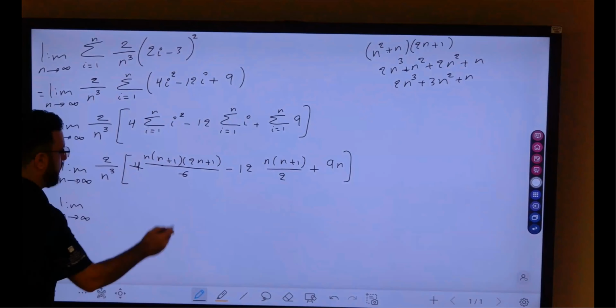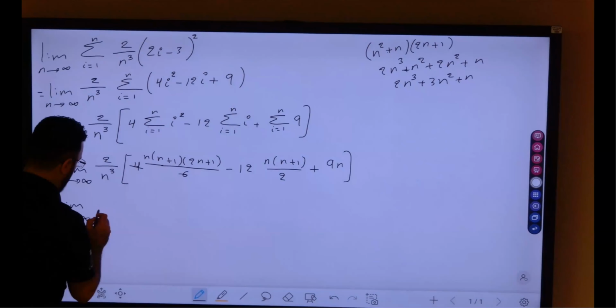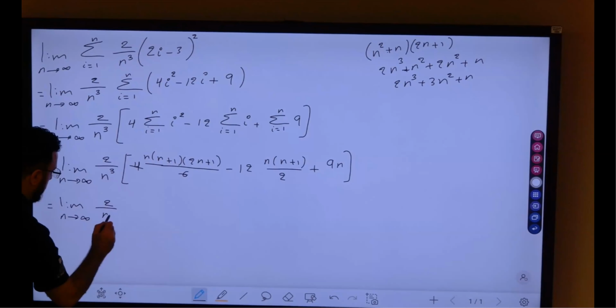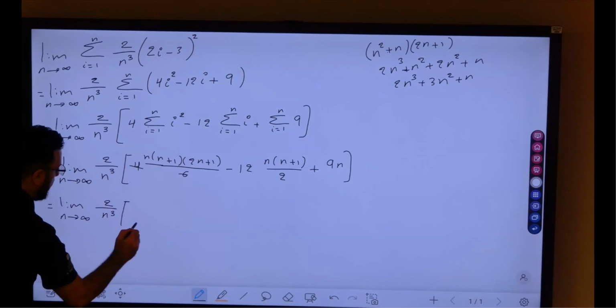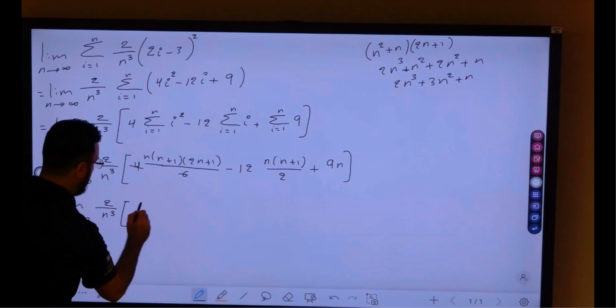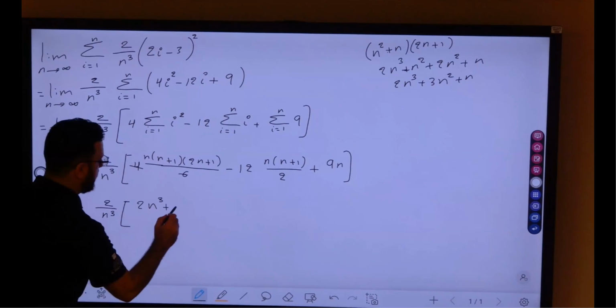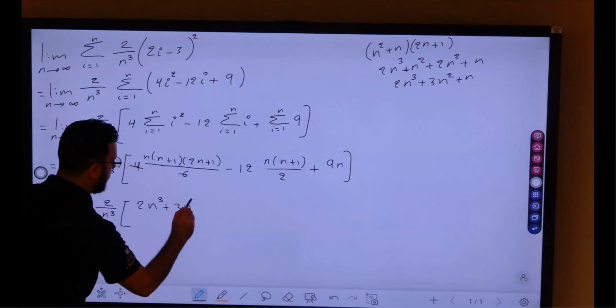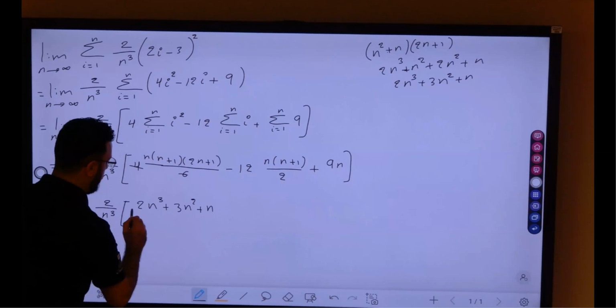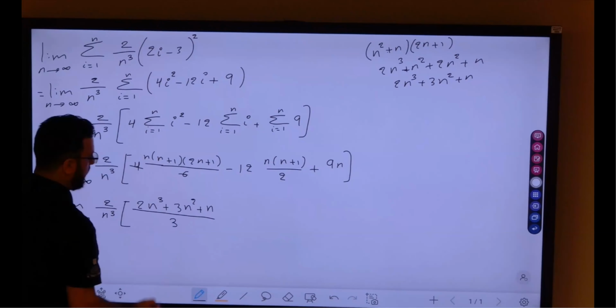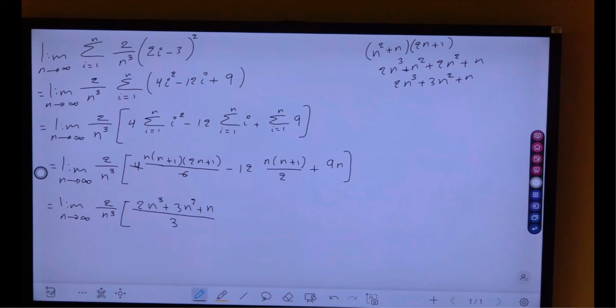Okay, so I'll simplify the whole thing here. That means the limit of 2 over n cubed times this part, which is going to be 2n cubed plus 3n squared plus n, divided by 3. Would there still be a 2 on the other side?